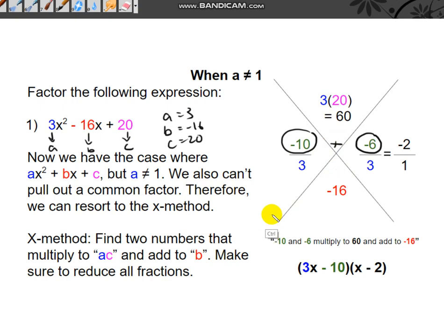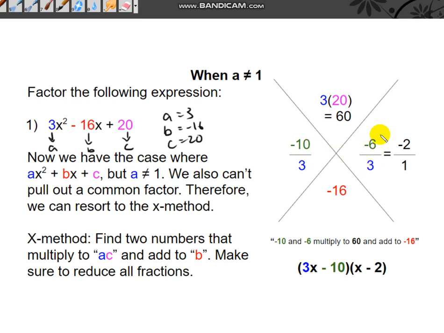Okay? Next, what you want to do in the X method is take the A term, the term in front here, and divide it by 3. The tricky part about this is you need to reduce any fractions for it to work.